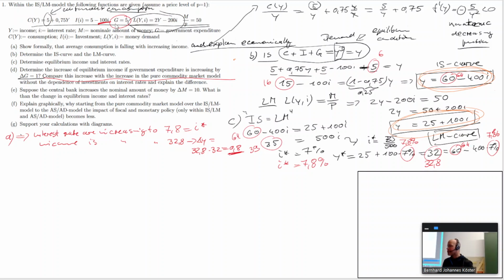So then we are just in the Keynesian commodity market model. And what does this mean? This means we have a fiscal impulse just by the fiscal multiplier, and this we calculated as 1 over 1 minus the marginal propensity to consume.